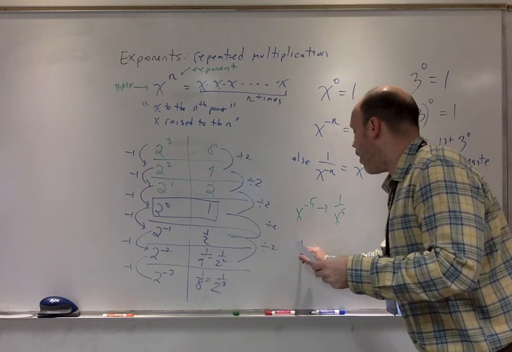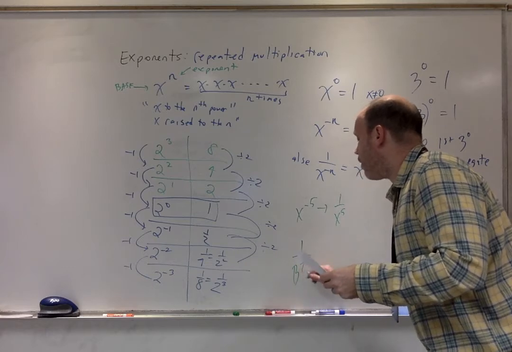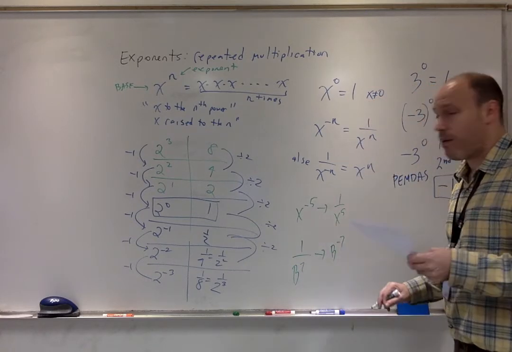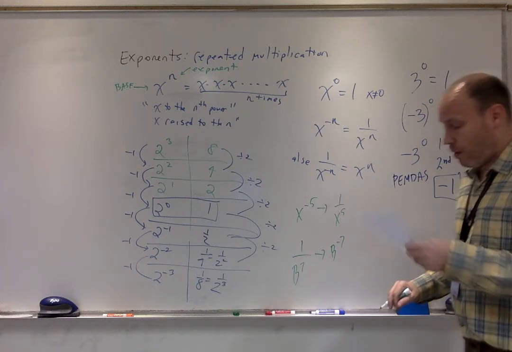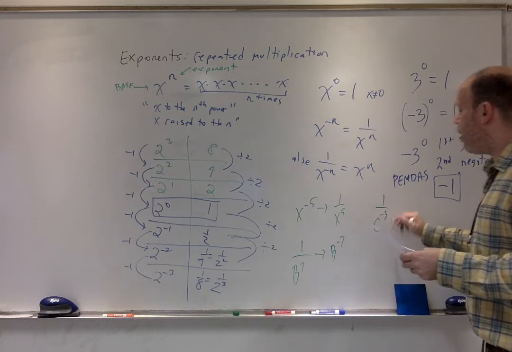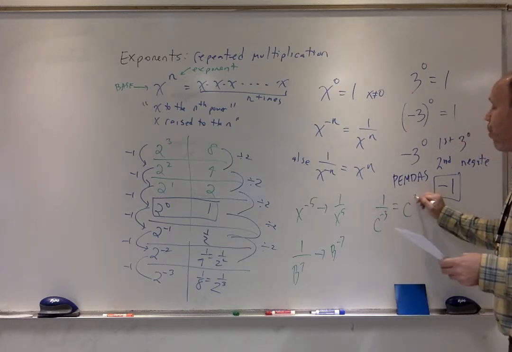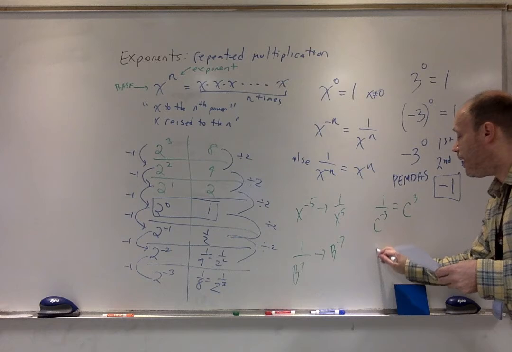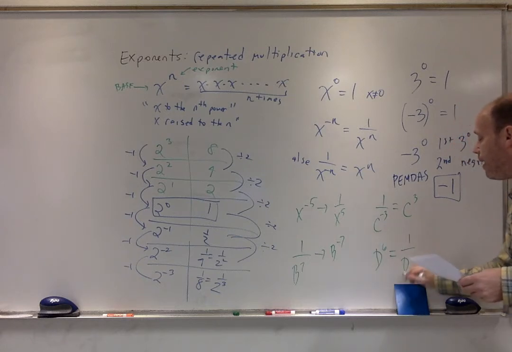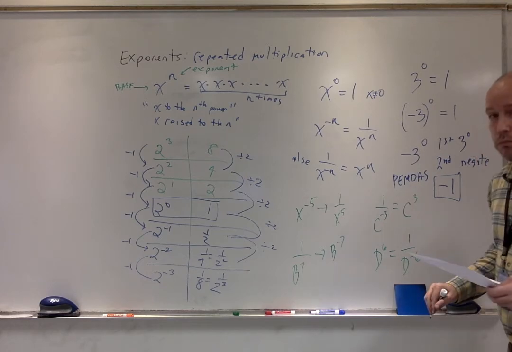If you see 1 over b to the 7th, you can rewrite that as b to the -7th. If you see 1 over c to the -3, you could write that as c to the 3rd. And if you see d to the 6th, you could write that as 1 over d to the -6.